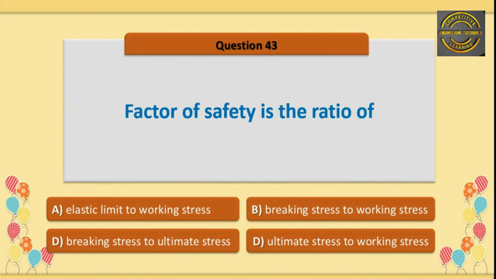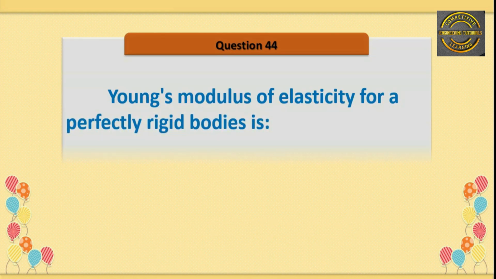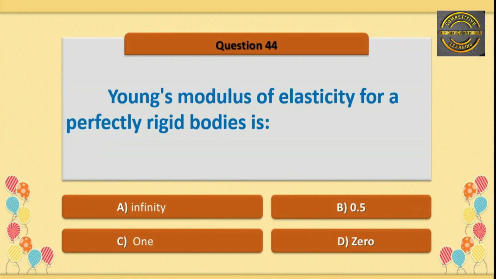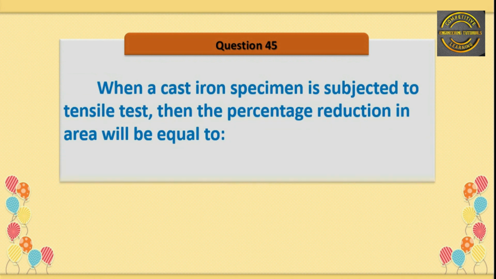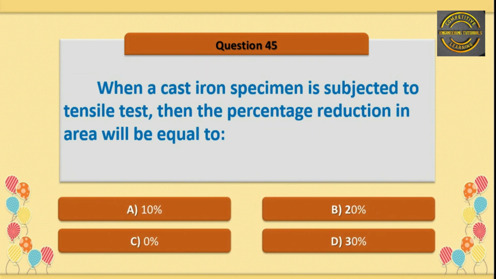Question number 43. Factor of safety is the ratio of. Option D is correct. Ultimate stress to working stress. Question number 44. Young's modulus of elasticity for a perfectly rigid body is. Option A is correct. Infinity. Question number 45.